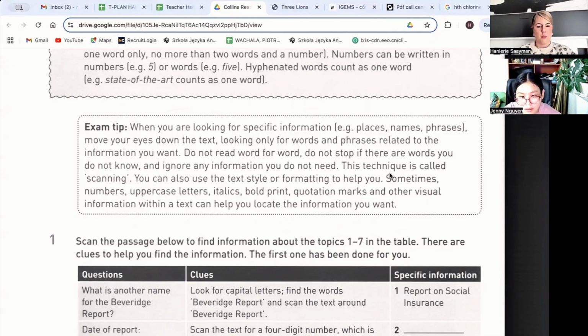This technique is called scanning. You can also use the text style or formatting to help you. Sometimes numbers, uppercase letters, italics, bold print, quotation marks, and other visual information within the text can help you locate the information you want. Okay, so we're going to do scanning.